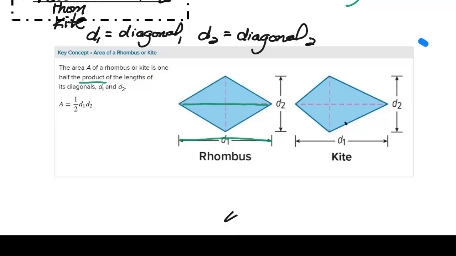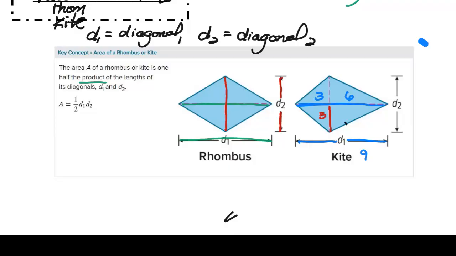Sometimes, especially in a kite, you might have to add up the parts. This might be 3. This part might be 6. So this would be a total of 3 plus 6, which is 9. So sometimes they'll give you parts. Sometimes they will give you the whole length of the diagonal. Does that make sense?